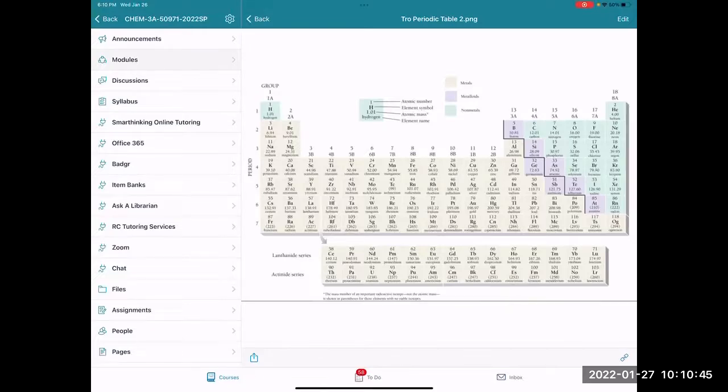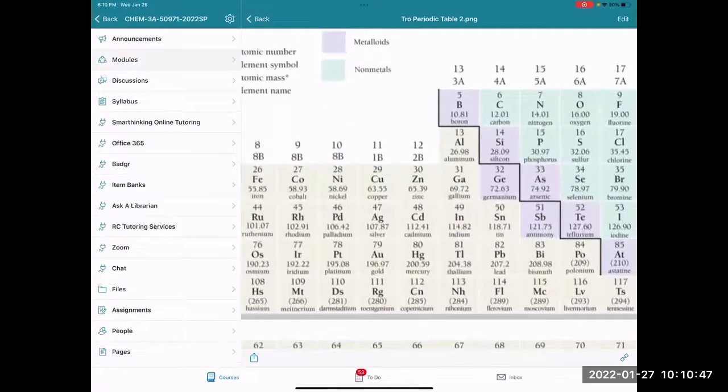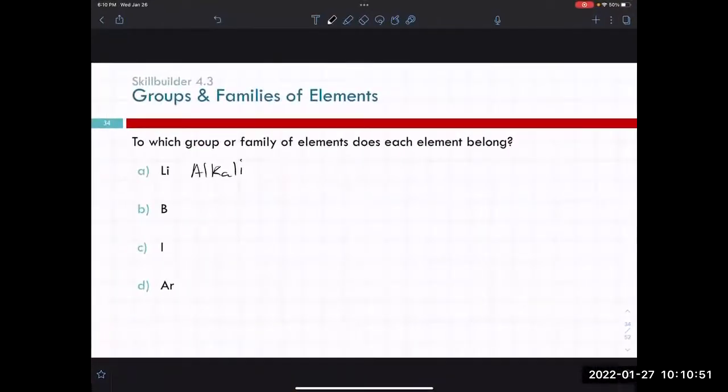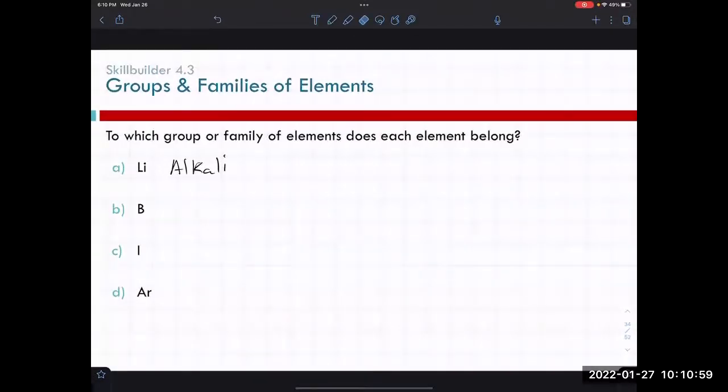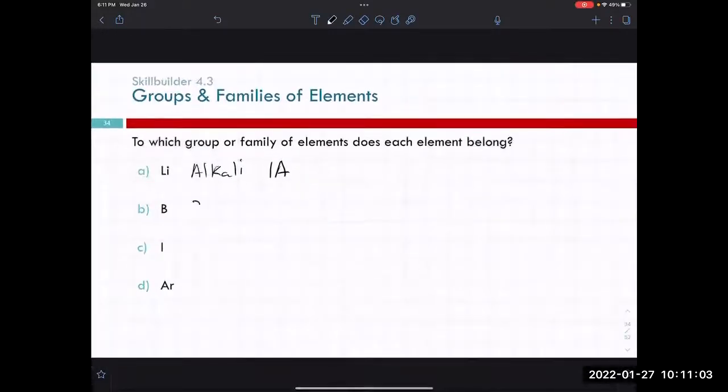Boron is a non-metal, which doesn't really have a special name. Alkali metals are also group 1A. Boron is in group 3A.